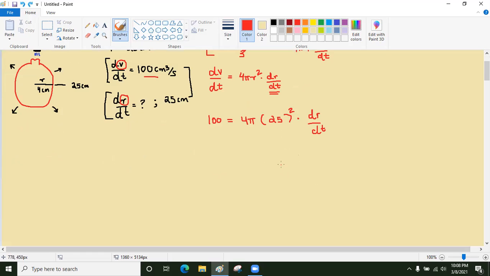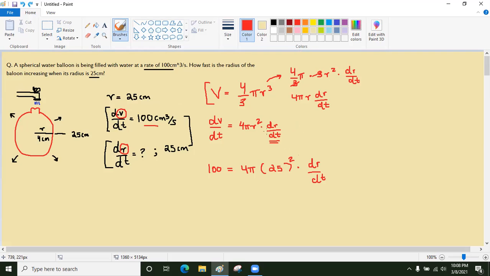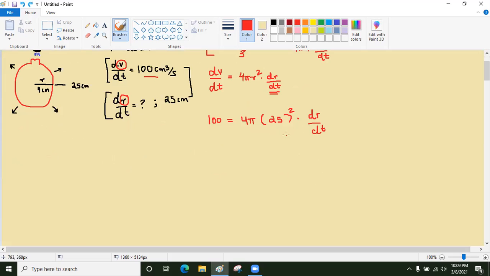So if we were to isolate dr over dt, since we have concrete values, we could solve for dr/dt. And dr/dt will be how fast the radius of the balloon is increasing when its radius is 25 centimeters.